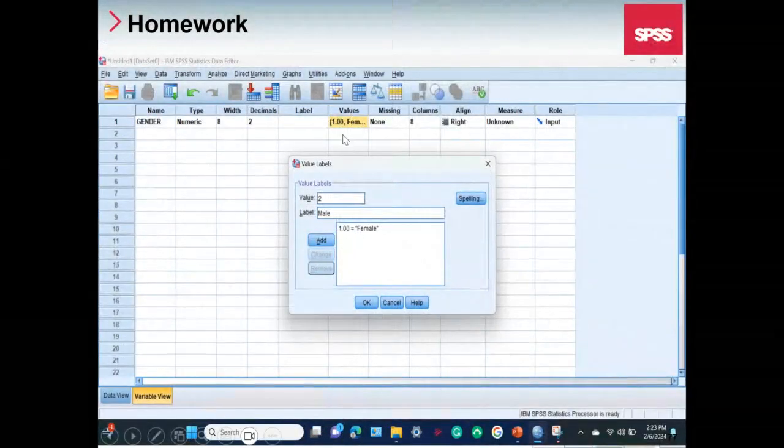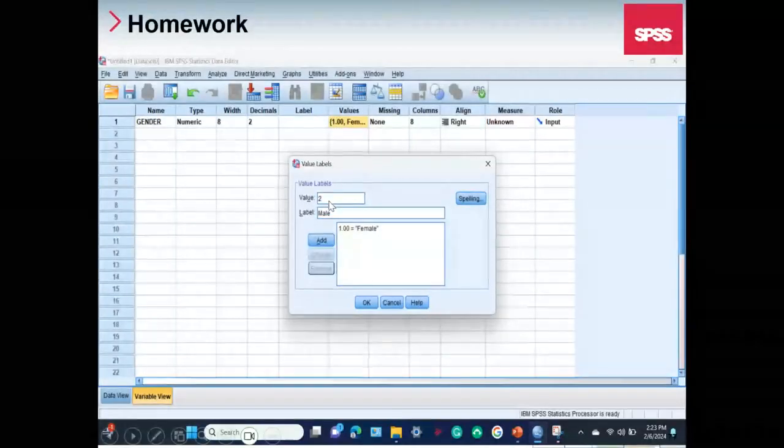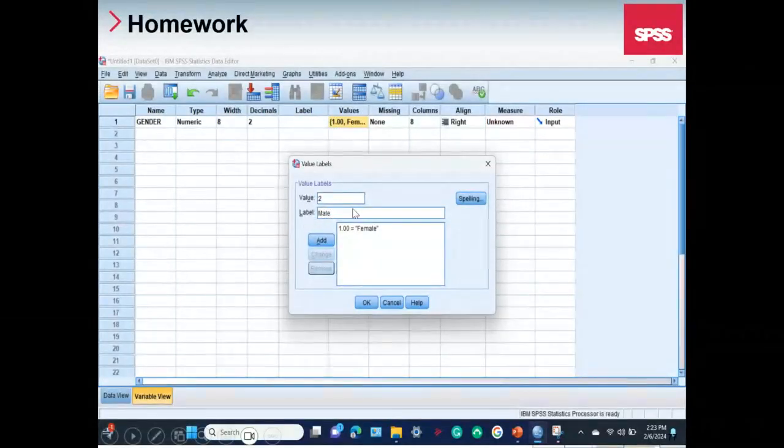Right there where it says values, you give 1, and then label it as female, then click add, then type 2 and label it as male, and then add. They both will be there. Then click OK.